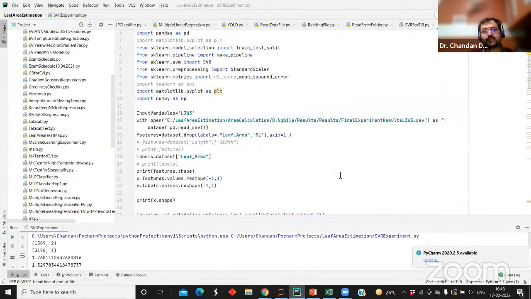What we have done, first we collected that data and put it into one CSV file. Then we simply dropped the leaf area label, so that we can feed the machine only the width and the length.